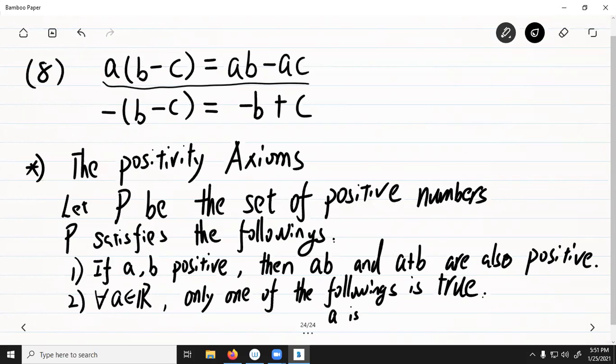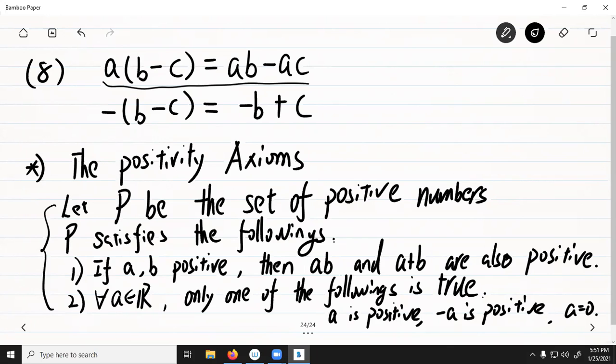A is positive. Negative A is positive. A equals 0. These three choices, only one is true for any number A. So now we want to use this. This is called the positivity axiom.